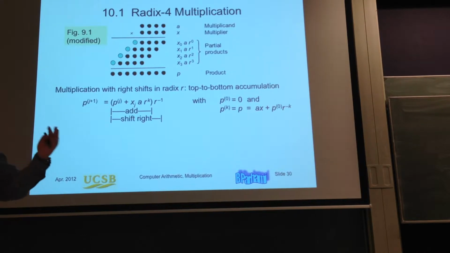Then instead of 2 at minus 1, now I will have 2 at minus 2, 2 at minus 3, whatever. And this will allow me now, somehow, to do a better job. But how do I do that? I have to convert my number from Radix-2 to a higher radix.